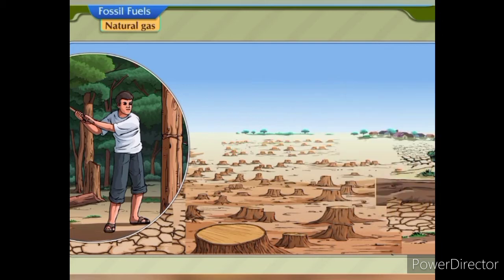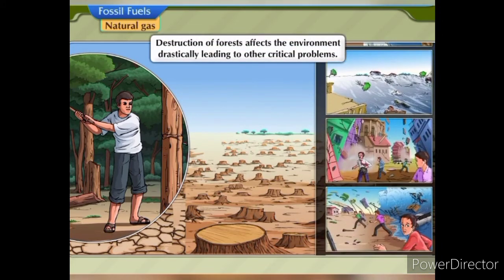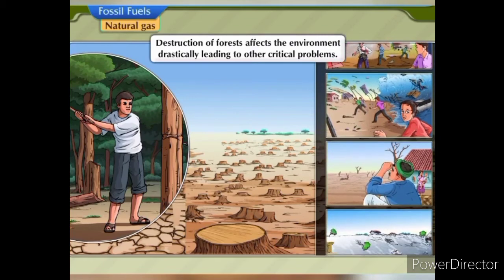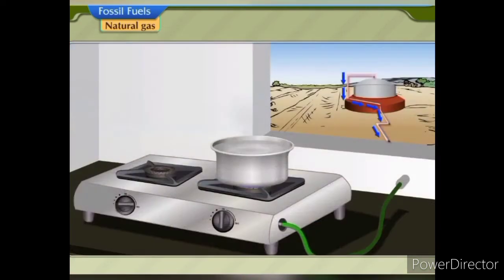We all know that destruction of forests affects the environment drastically, leading to other critical problems. Therefore, we should use better domestic fuels that can be obtained from biomass, for instance, biogas.